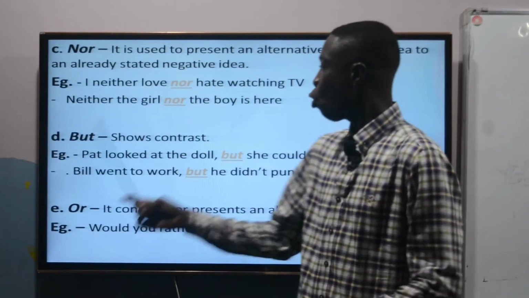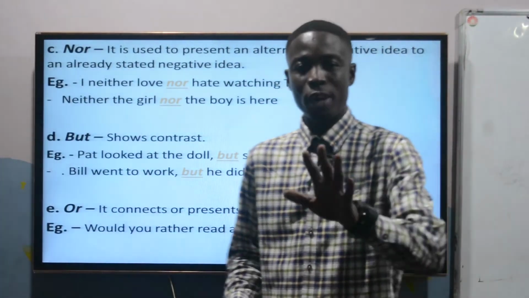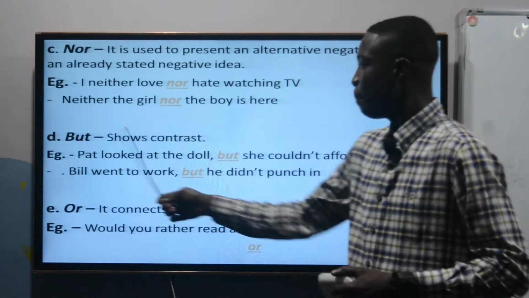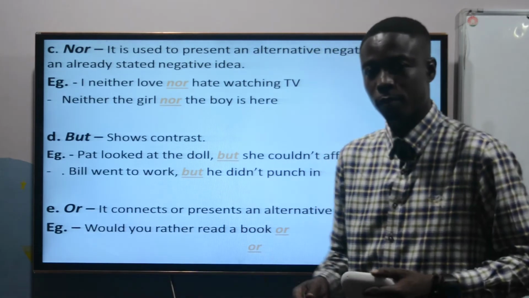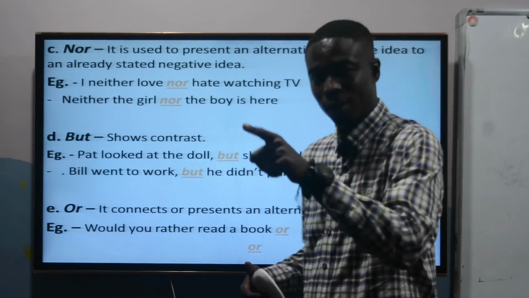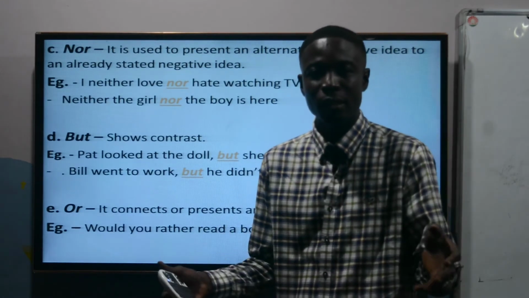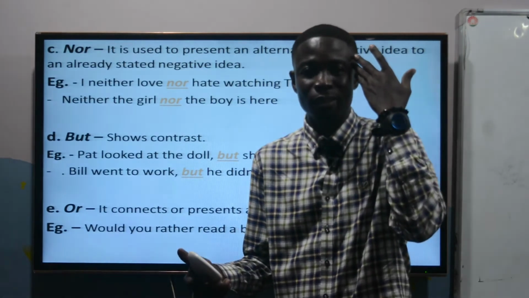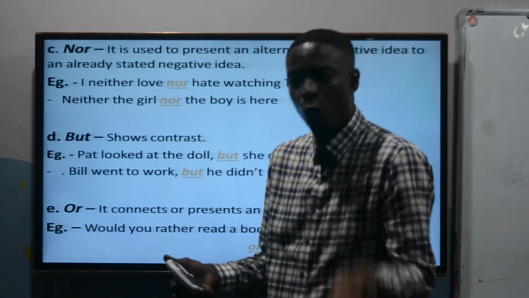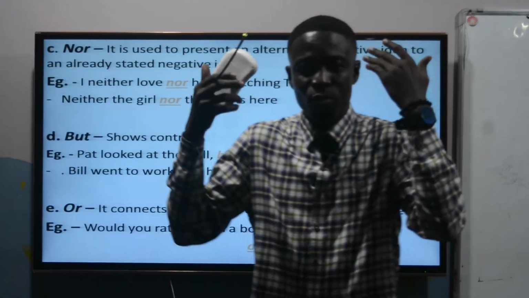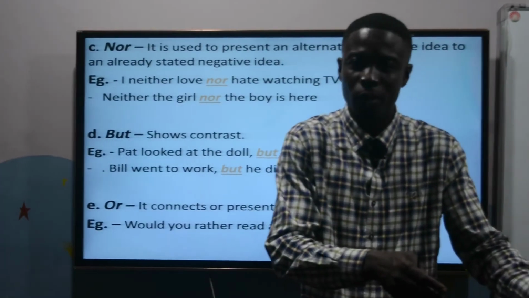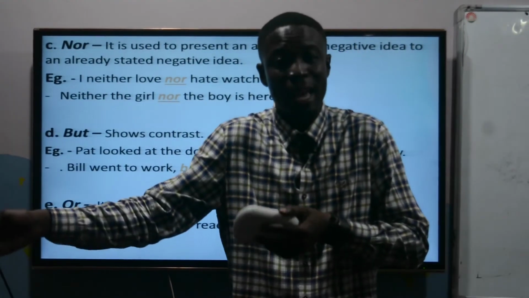Now, when we talk about contrast, this is what it means. I want to explain using the examples. Pat looked at the doll. Now, this is the contrast. By looking at the doll, basically, the logical thing that will come to mind is you will be able to buy it. And the contrast here is, logically, we expected Pat to buy the doll, but she wasn't able to buy it.